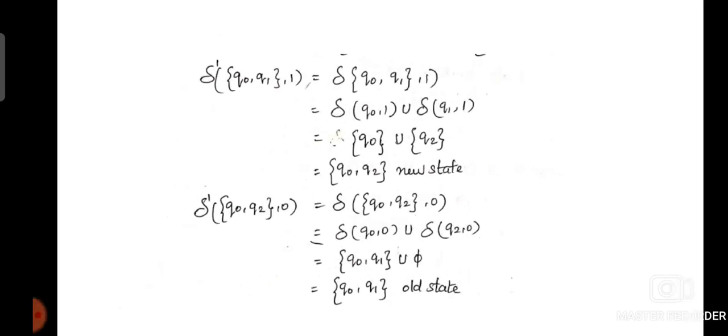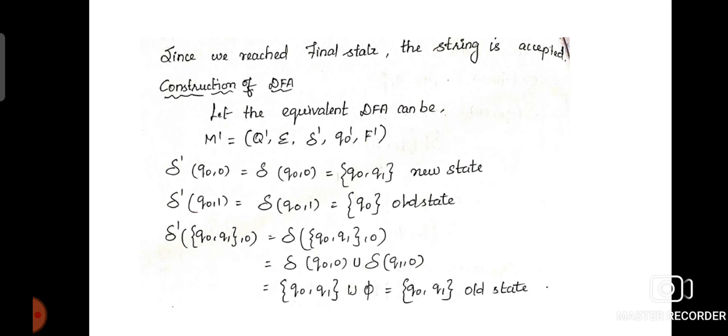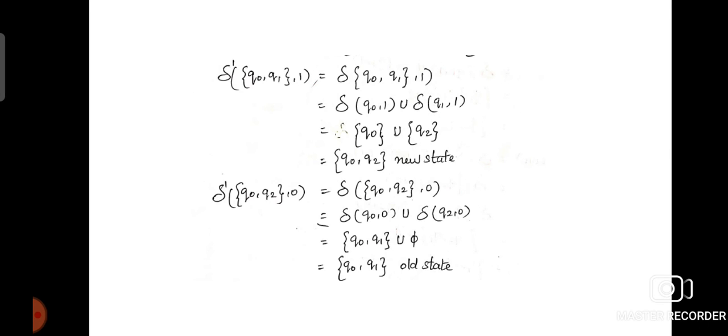So we are taking the delta function for the combinations Q0 Q1 and Q0 Q2 for both the input symbols 0 and 1. And we are checking whether the resultant sets of states are old states or new states.